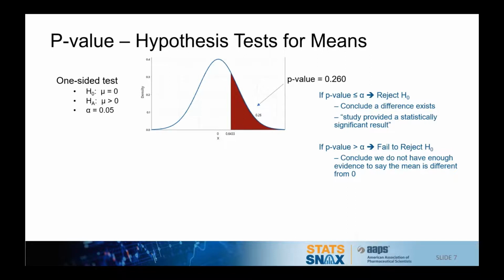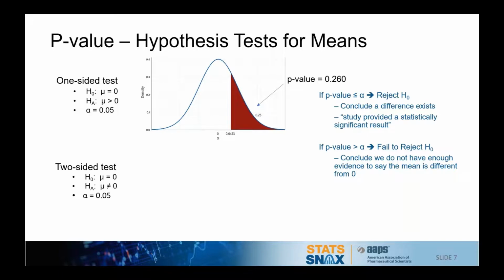Because the p-value was greater than 0.05, we fail to reject the null hypothesis and conclude that we do not have enough evidence to say a difference exists. We say fail to reject the null hypothesis instead of accept the null hypothesis because this decision does not prove the null hypothesis to be true.